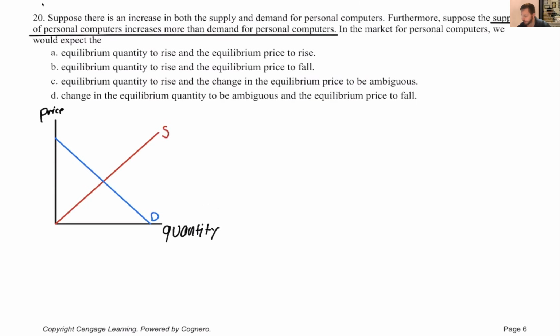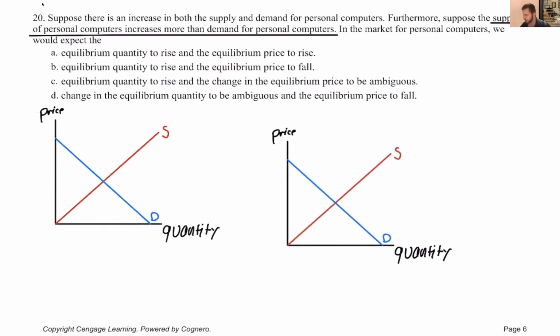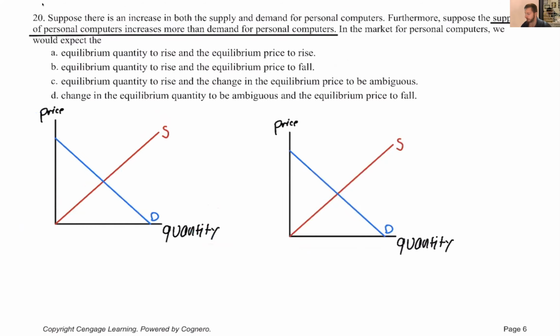A personal computer: suppose an increase in both the supply and demand for personal computers. Furthermore, suppose the supply for personal computers increases more than the demand. So all you have to do in this question is mark those changes, but really exaggerate that supply shift. Let's call this new supply here, which increases by a lot. This is supply new. Let me also mark the old equilibrium.